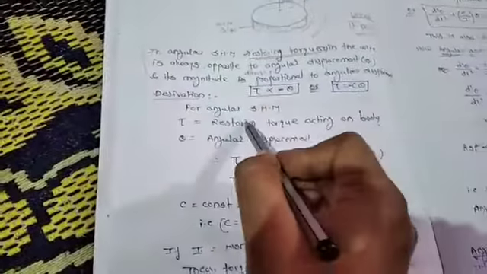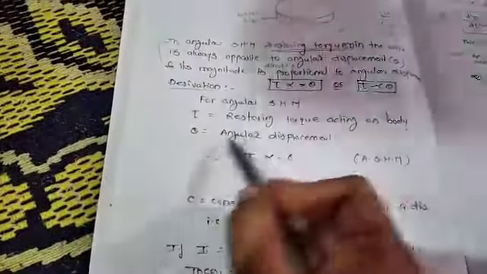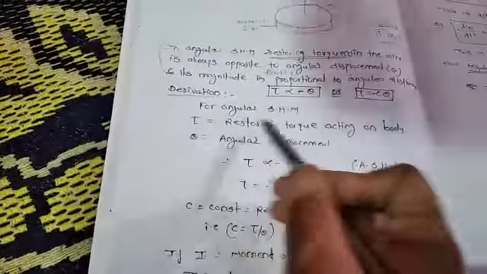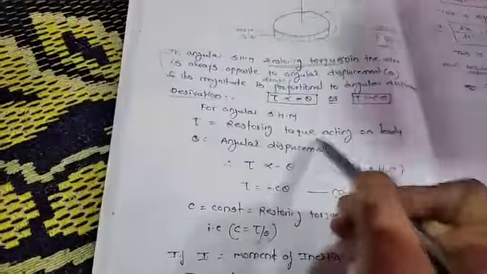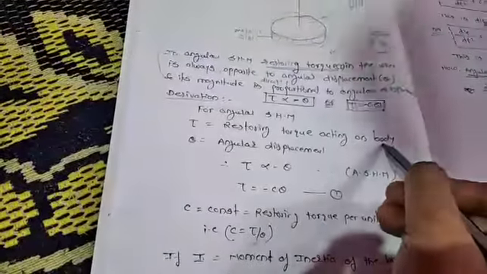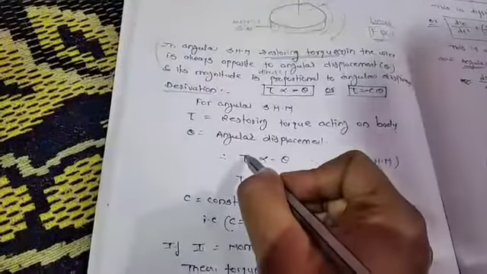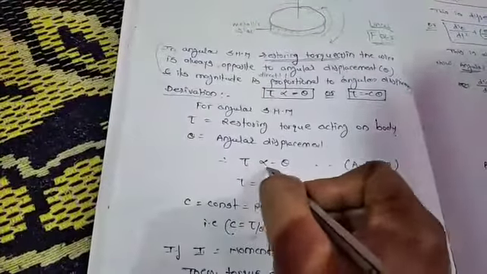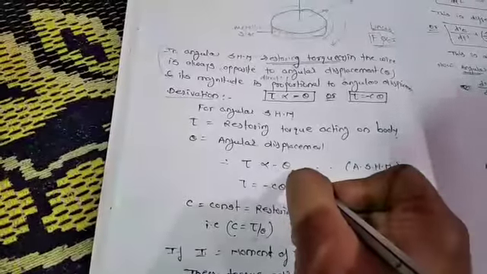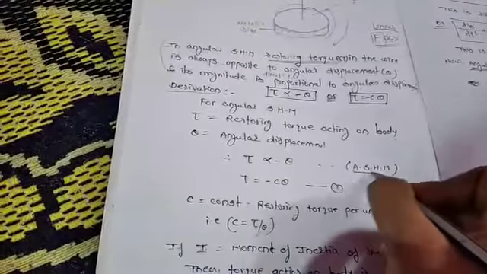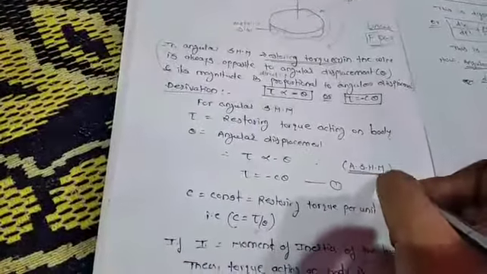For angular SHM, tau is the restoring torque acting on the body, and theta is the angular displacement. So tau is directly proportional to minus of theta. This is the angular SHM.